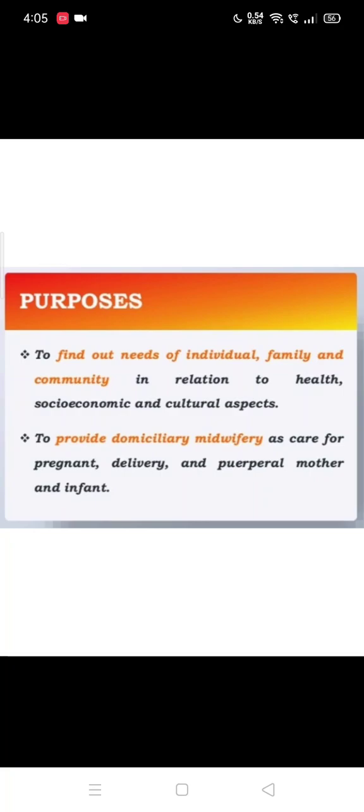The next is to provide domiciliary midwifery care for pregnant, delivery and puerperal mothers and infants.